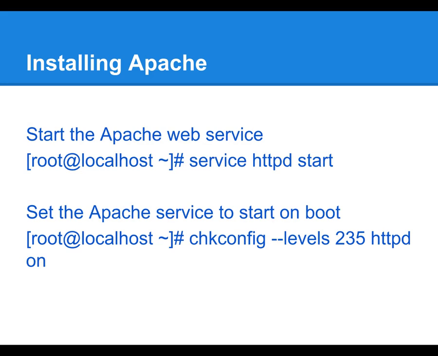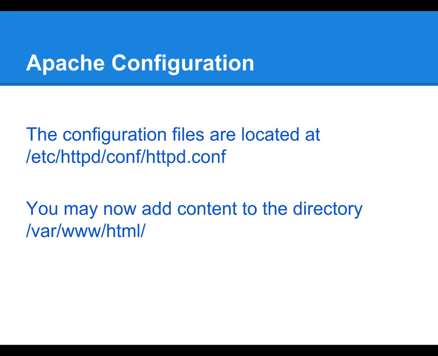And again, with the run levels, which we've already gone through, if you want to make sure that the service comes up whenever the machine is booted, chkconfig double hyphen levels 2, 3, and 5, and you mark it on. Okay, believe it or not, installing Apache is just that simple.